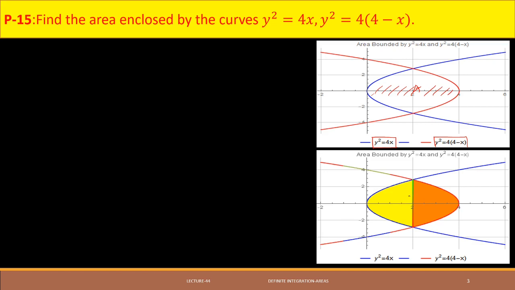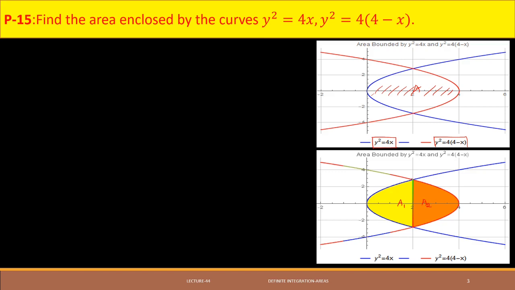I have shaded the entire region into two parts purposefully, because the yellow region is under the blue curve, y square is equal to 4x, and the orange region is under the curve y square is equal to 4 into 4 minus x. So the entire region is not under the same curve. That's why I have divided this entire area into two parts, namely A1 and A2, let us say.